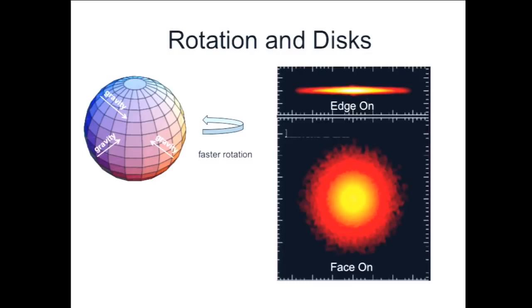Rotation opposes gravity only in the direction that rotation is going. So that's this plane in the setup I have here. So in this setup, what you will form is a flattened disk or a flattened pancake that from the side looks like this, where rotation has stopped things in this direction from collapsing, but not stopped things from collapsing in that direction.